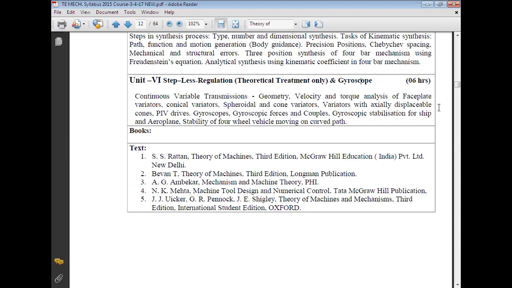The next is gyroscope. In this step regulation, what is the content? Very first is continuous variable transmission, we call it CVT.